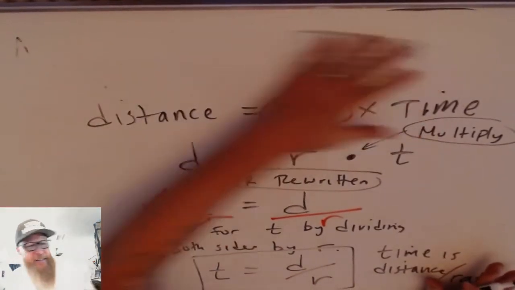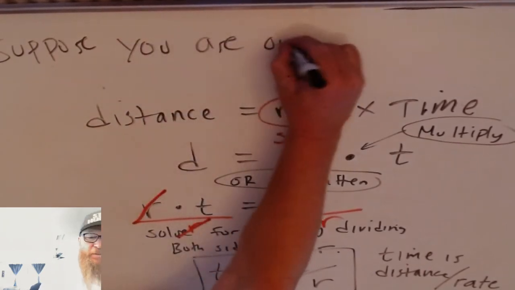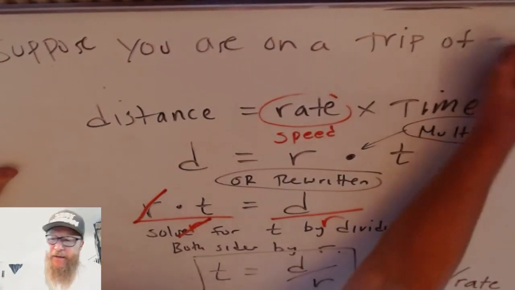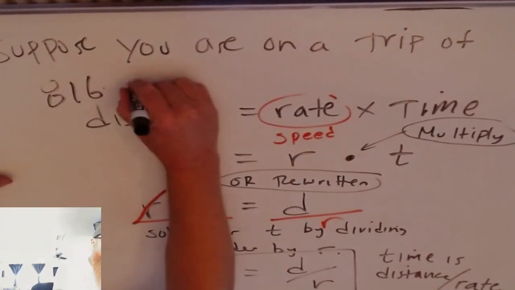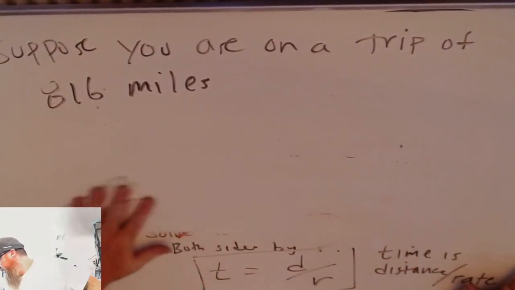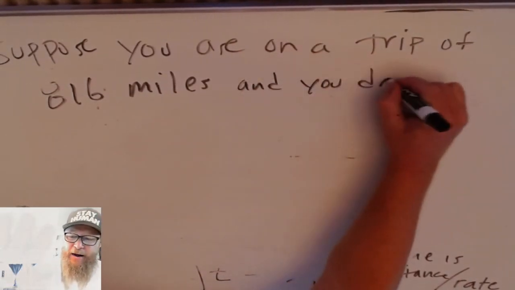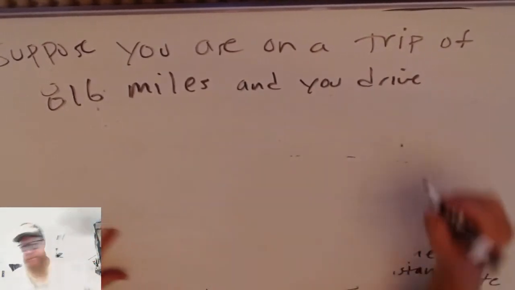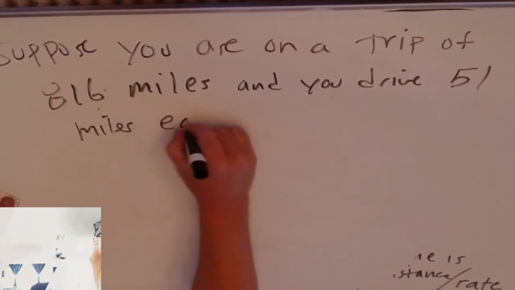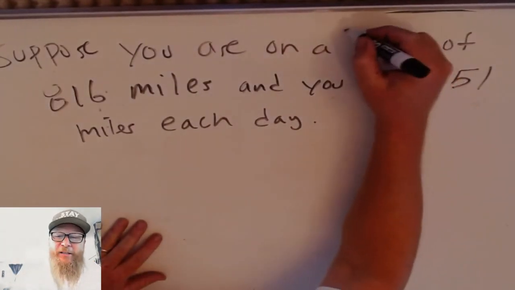So the actual last example, suppose you're on a trip, 816 miles, and you drive 51 miles each day. So this is a really slow trip.